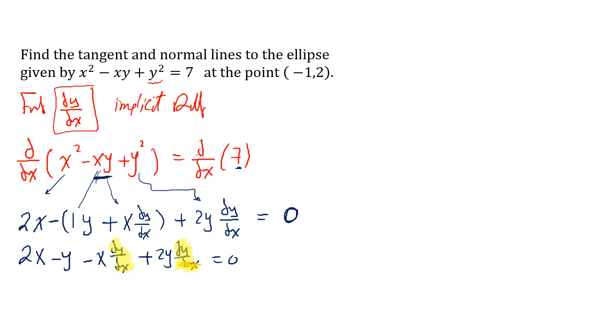So by taking dy by dx as a highest common factor, it is going to be negative x plus 2y. And by moving negative y to the other side, it is going to be positive y, and moving 2x to the other side, it is going to be negative 2x.